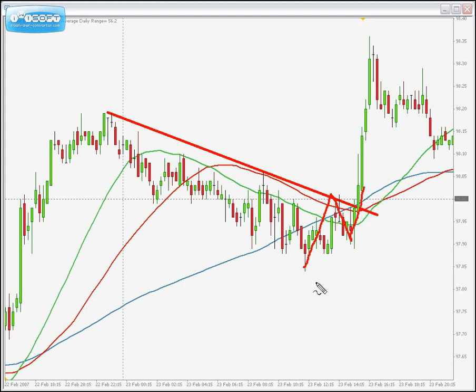One of them is the conservative way, placing your stop loss below the low of the whole formation, I mean below the aspect number 1, and the aggressive way is below the aspect number 3. I personally place my stop below the aspect number 3.